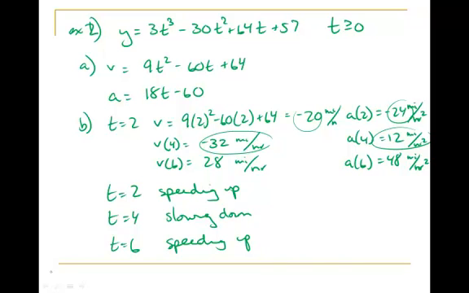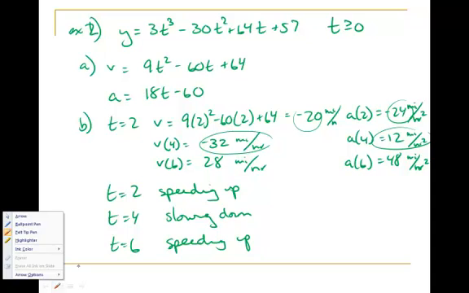Okay, so we've talked about speeding up, slowing down. We've done a couple of examples. I do want to look at example 3 in your book. So let's erase this. Example 3 says the acceleration is given as a of t equals 12t minus 5, where a of t is in centimeters per minute.